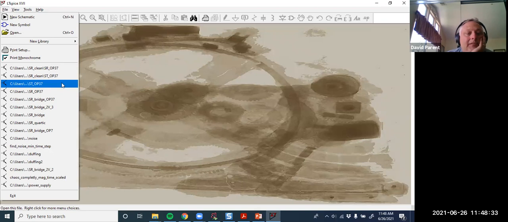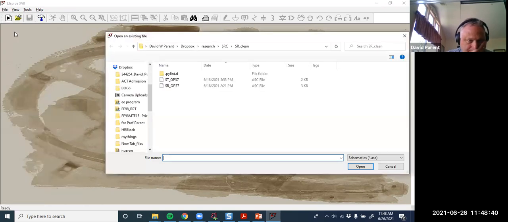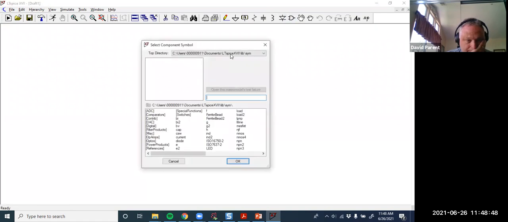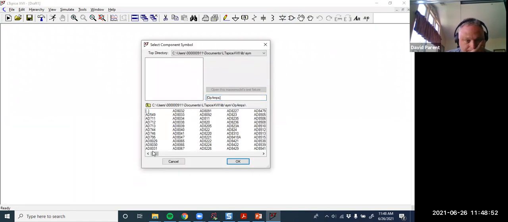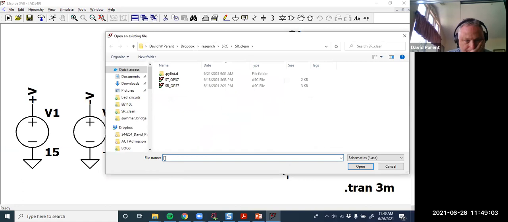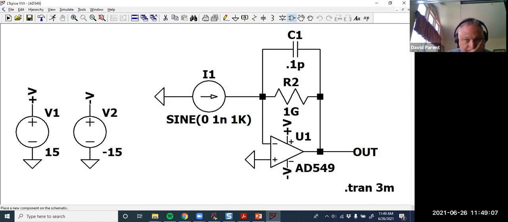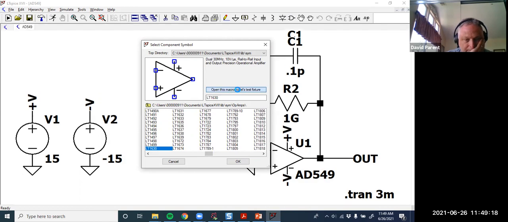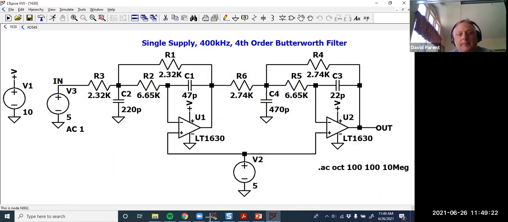So this is a fourth order Butterworth filter.